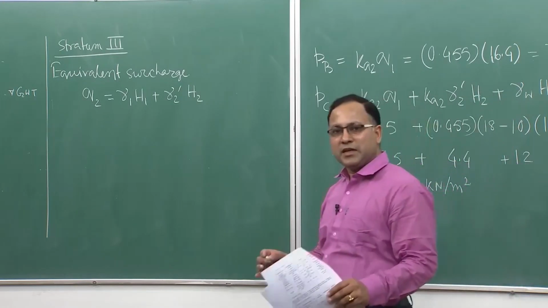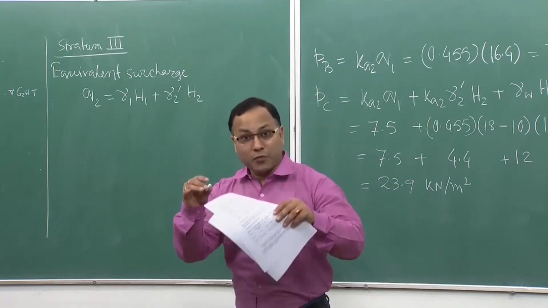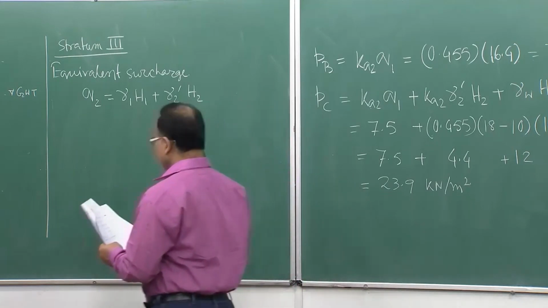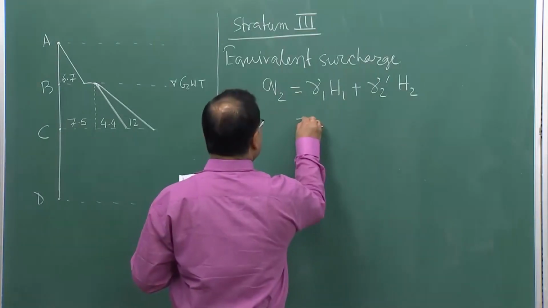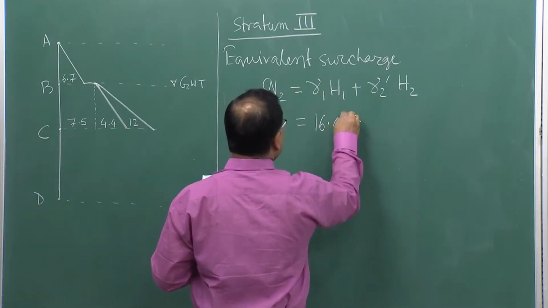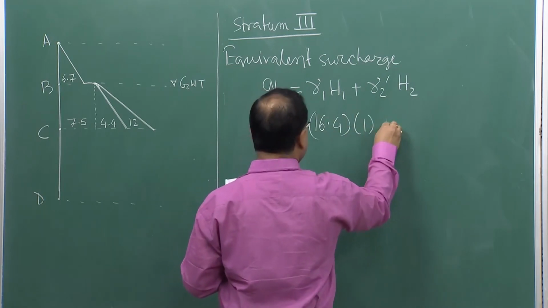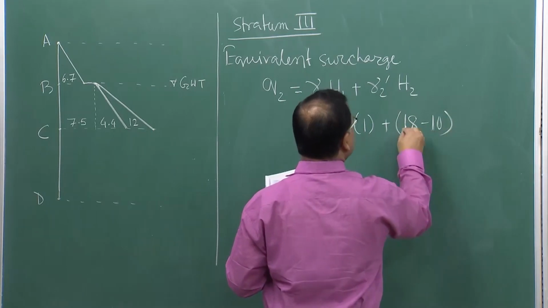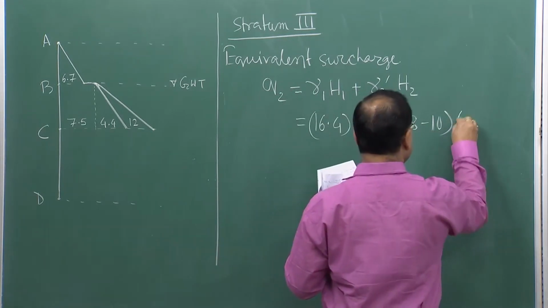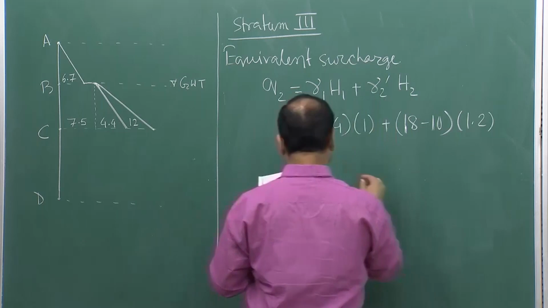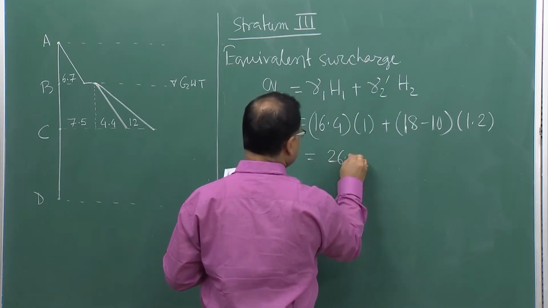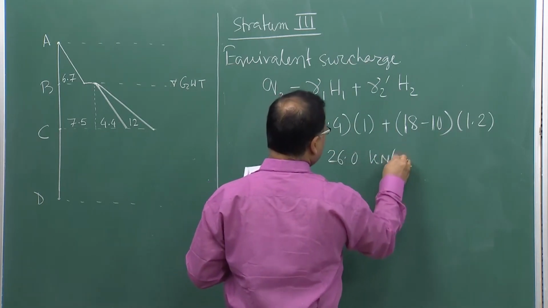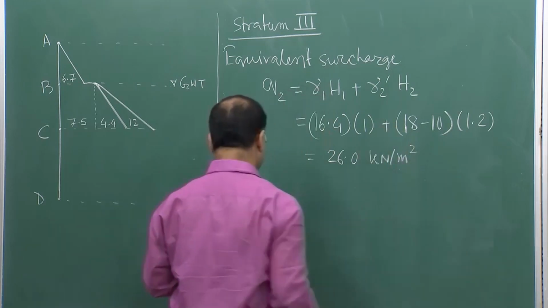So, that will be acting as a uniform surcharge on top of stratum 3. So, I will be getting from this 16.4 into 1 plus 18 minus 10, which will be your gamma 2 prime, into 1.2, which comes as 26.0 kilonewton per meter square.